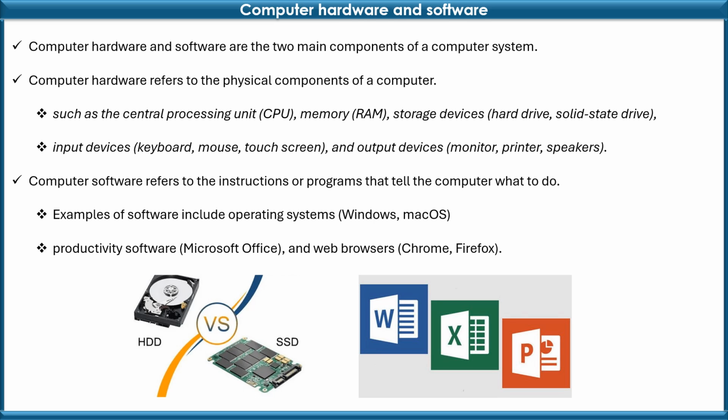Examples of computer software, which we have already touched on in the previous slide, include the operating systems, and then also include productivity software. As indicated in this slide, on the left we have the hardware components, on the right we have the software components.